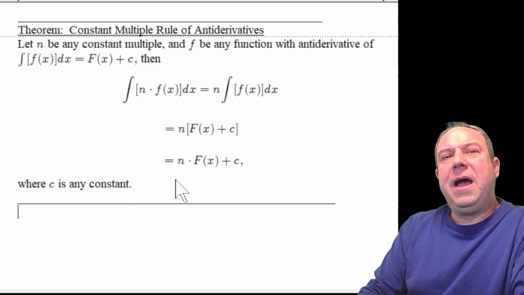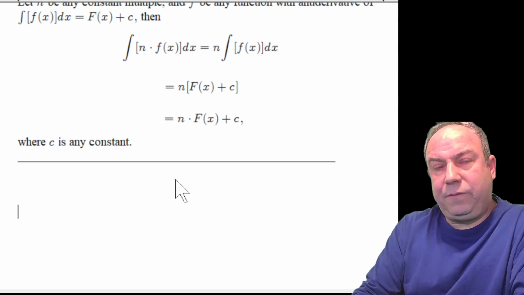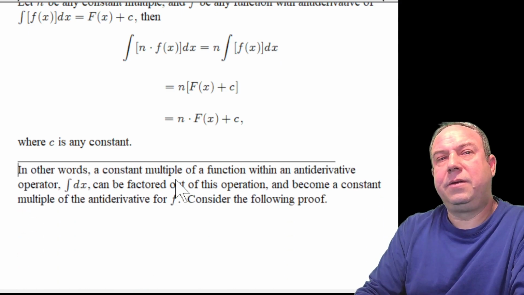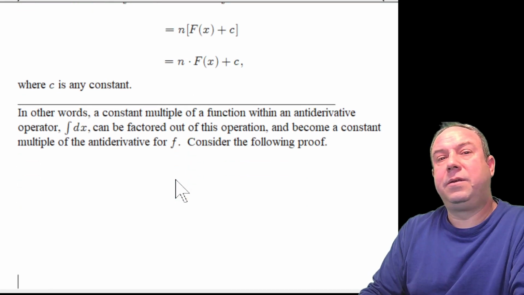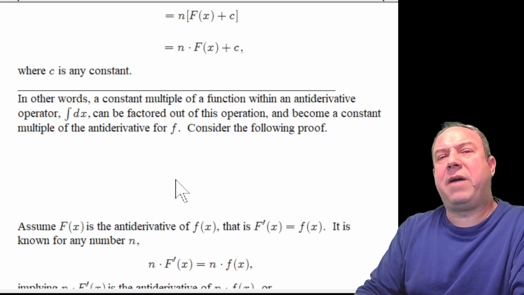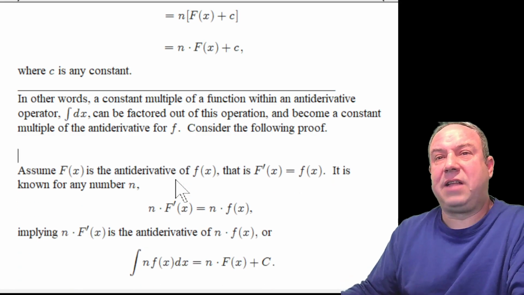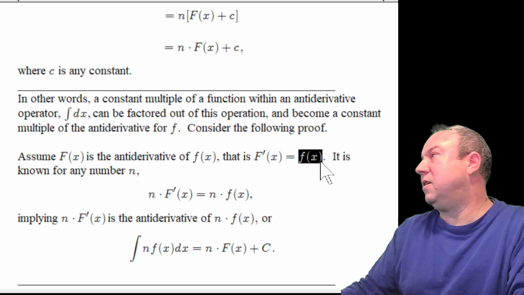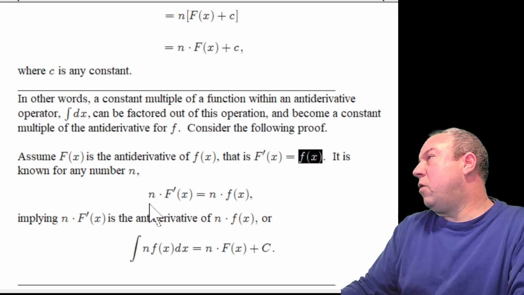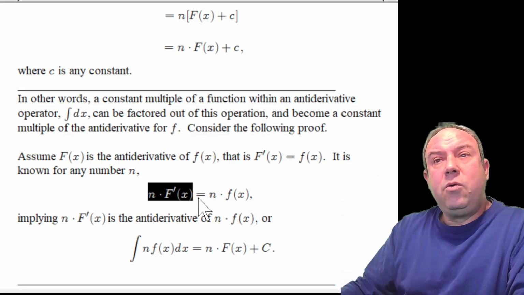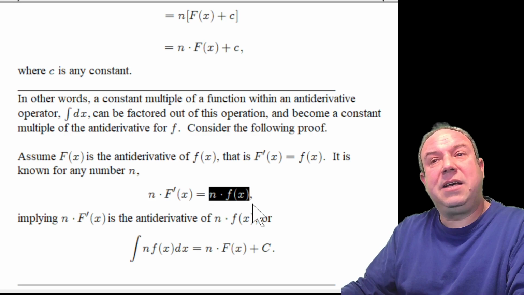All right. If we look at a bit of proof, we might assume cap F of x is the antiderivative of little f, and that does imply that the first derivative of cap F is equal to little f. And it is known for any number n that n times F prime of x would be equal to n times little f of x.